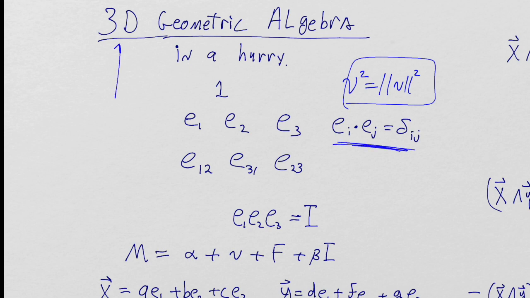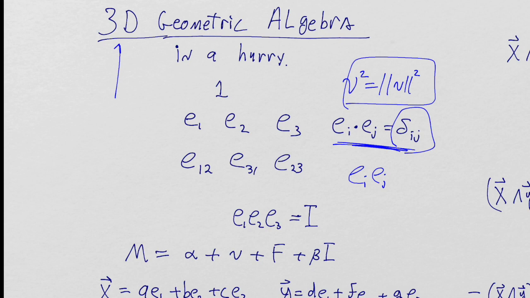So that metric is going to be reflected in the dot product, which will be reflected in the contraction part of the geometric product of EI and EJ. It will end up being delta IJ.